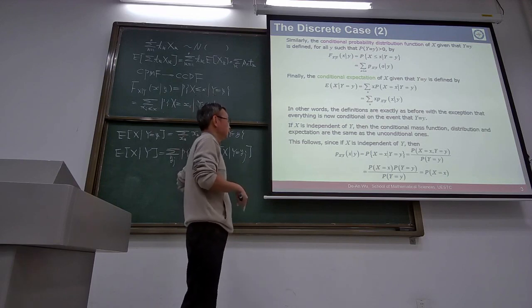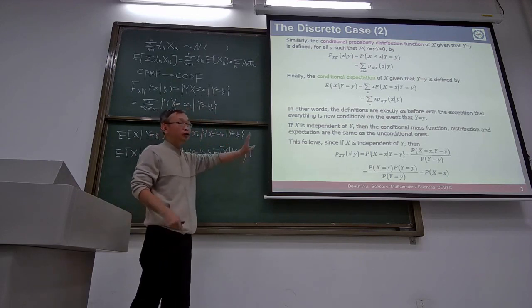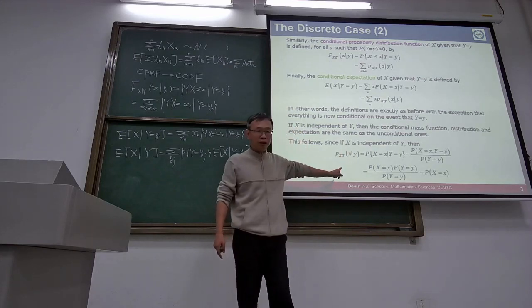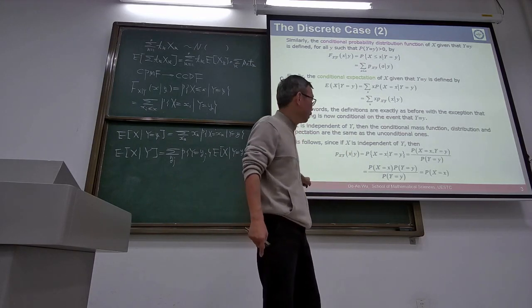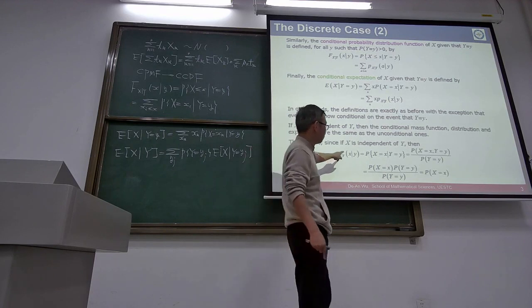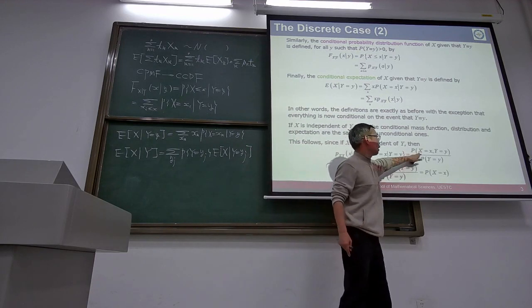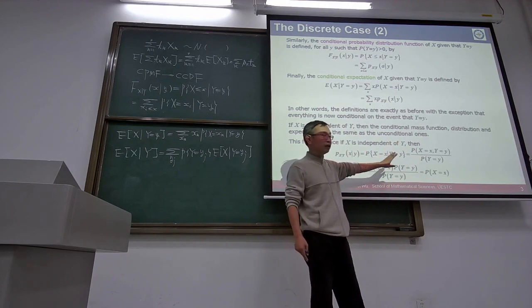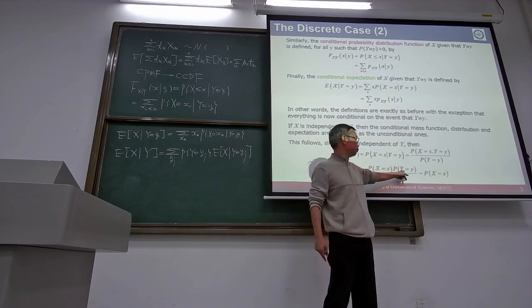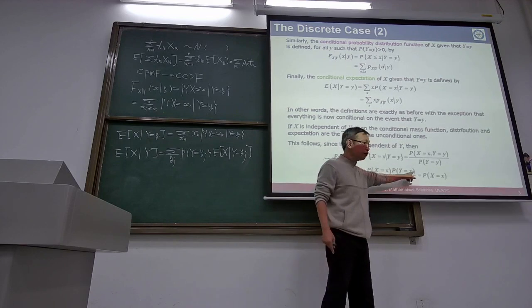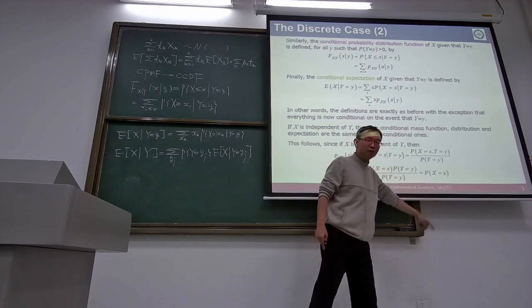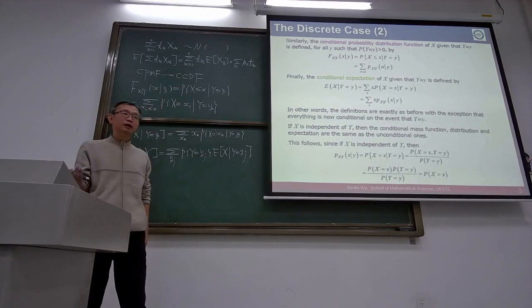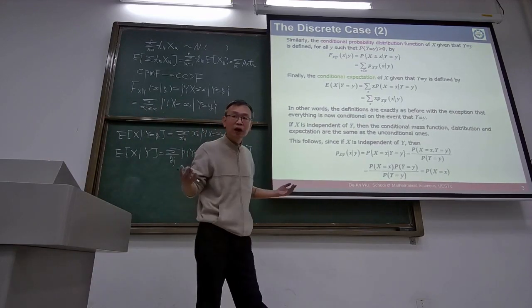I will show you, because this is very easy, so I use the slide directly. This is the conditional probability mass function, just by definition. If X and Y are independent, then this probability can be represented by a product form, then a constant. This one equals this one. That means conditional equals unconditional, so X and Y are independent.